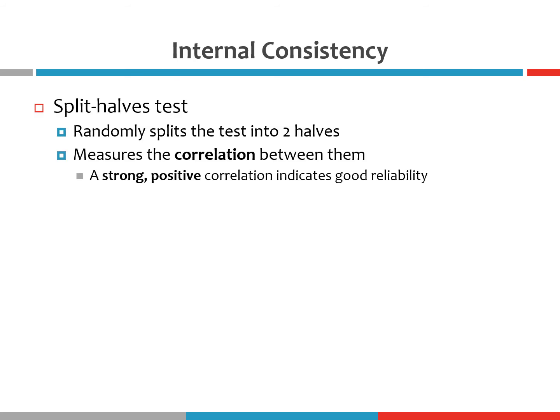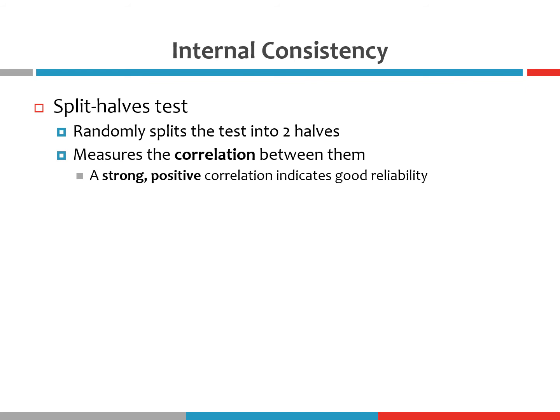Okay, so there are two measures of internal consistency, or two ways of determining whether the questions we have chosen to measure our construct are reliable or not. Like I said, there's the split halves test. The procedure for the split halves test is you administer your test.